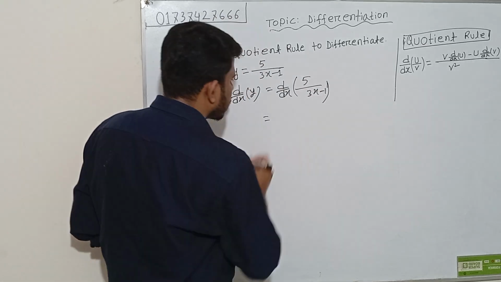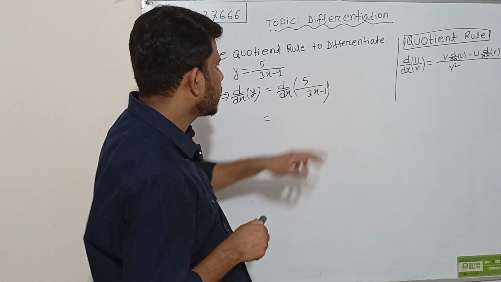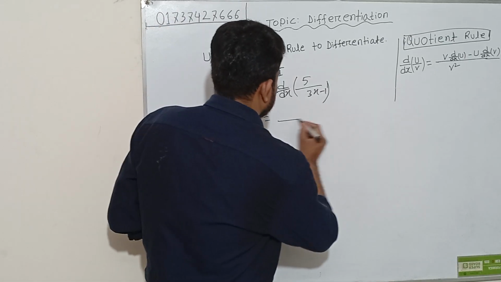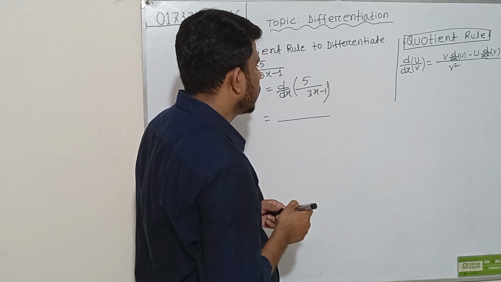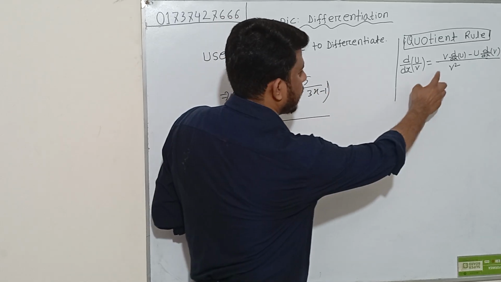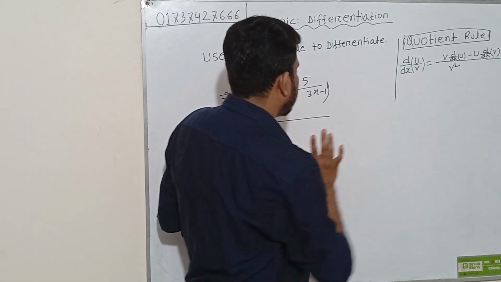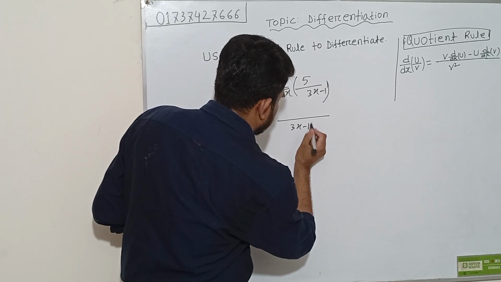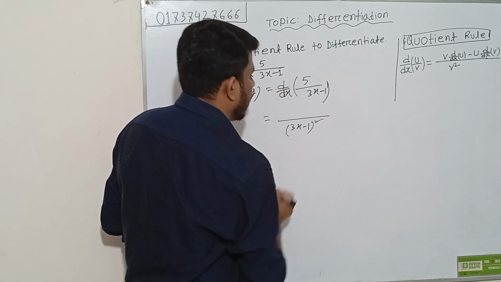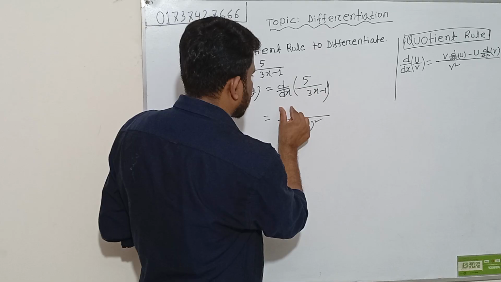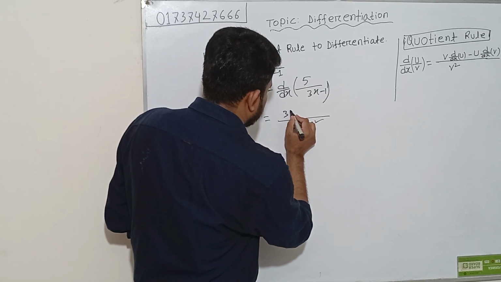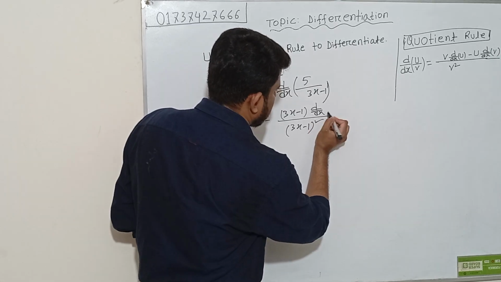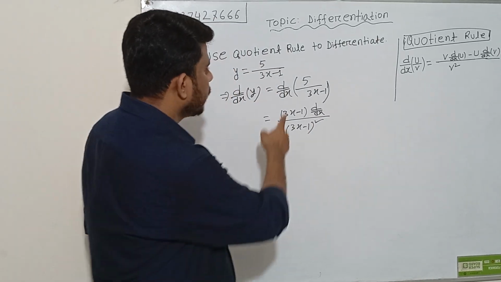If we imagine that this is u and this is v, then this will be v square. That means the power we have to take is 2. So if 3x minus 1 is v, there we take power 2, and this one is just copied here. And differentiate u. So u is like 5.